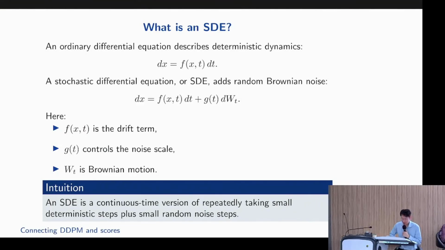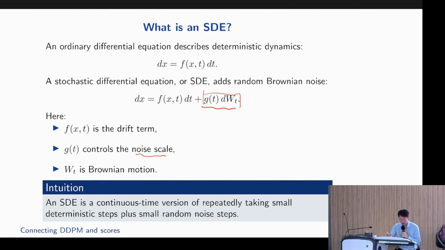So what is the umbrella that connects everything together? In engineering math 1, you learned about ordinary differential equations, where dx is some function of x and t times dt. In a stochastic differential equation, or SDE, it adds random Brownian noise. g_t controls the noise scale, and W_t is Brownian motion.